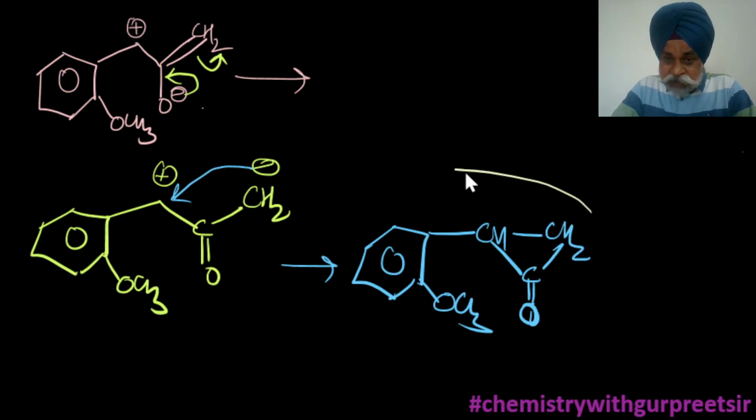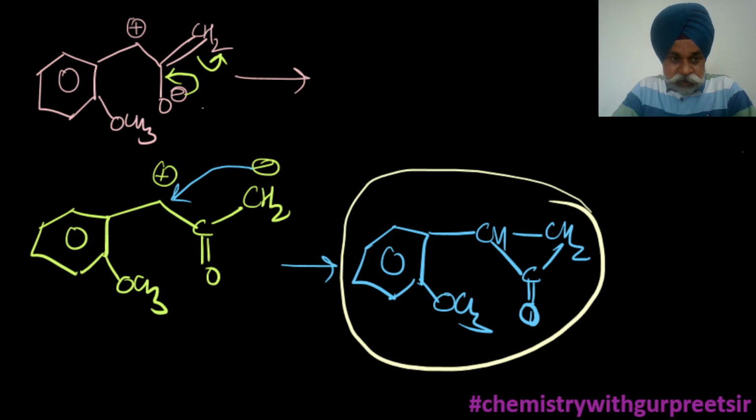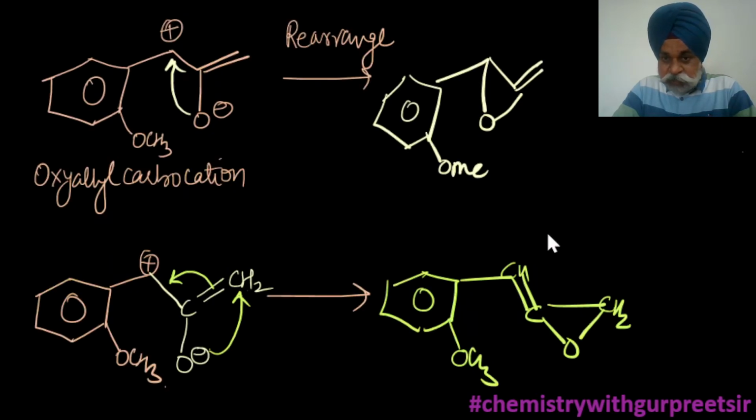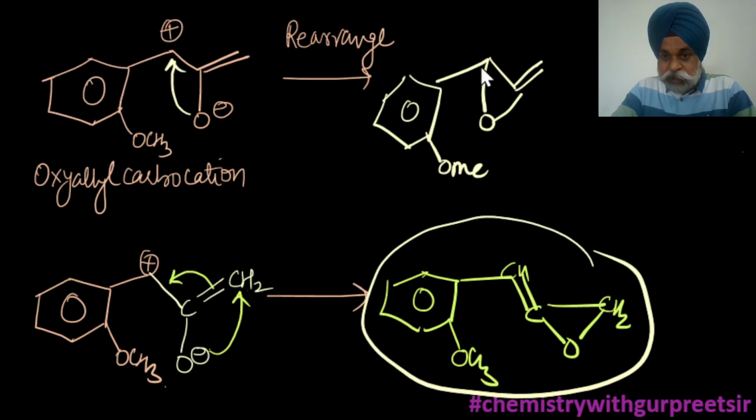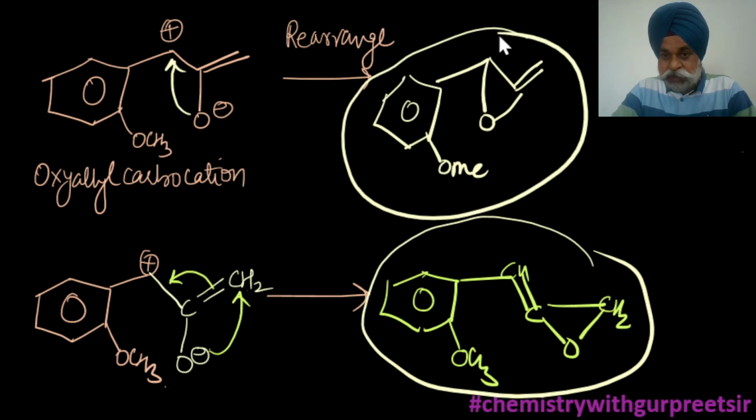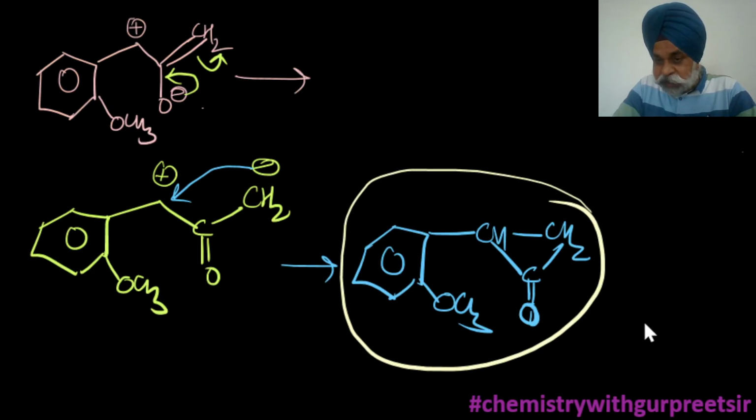Now if one option is this, the second option is this one, and the third option is this one, and I have to pick the major one out of these 3 options, I would still go for this one, because the carbonyl C=O bond energy is greater than that of the carbon-carbon double bond.